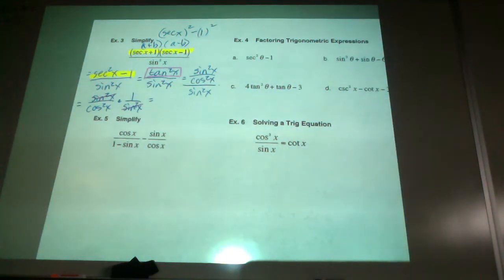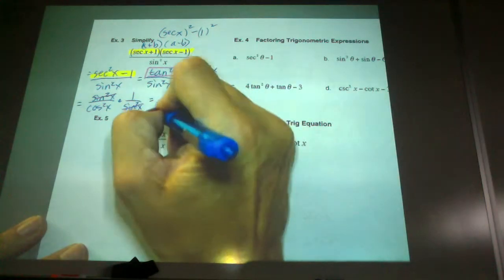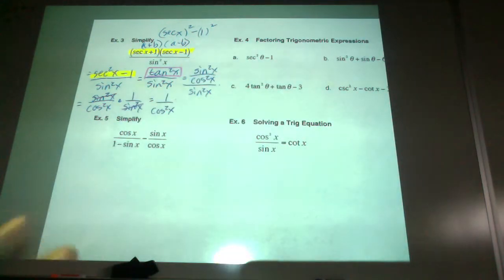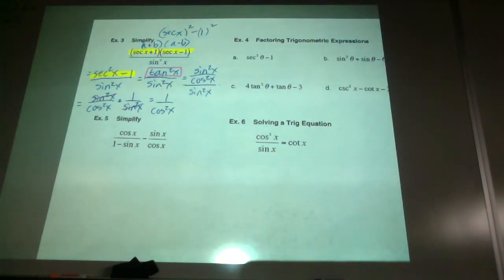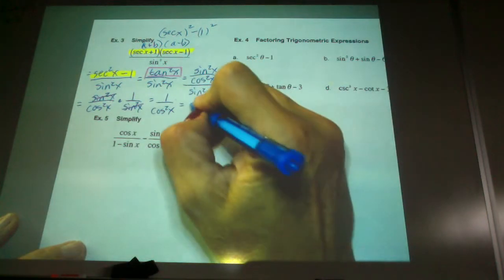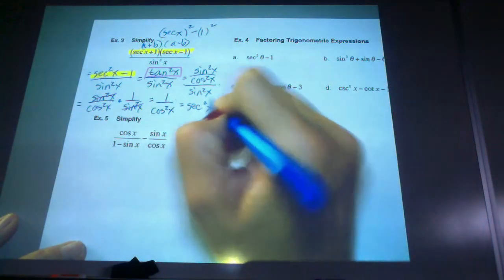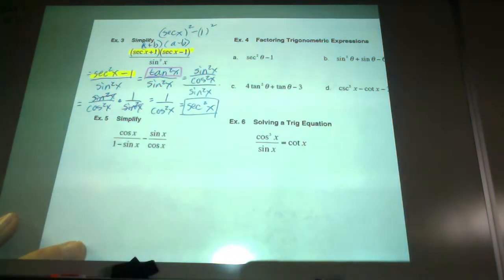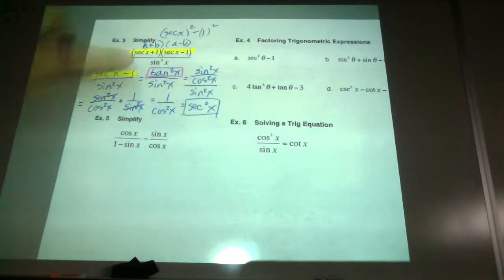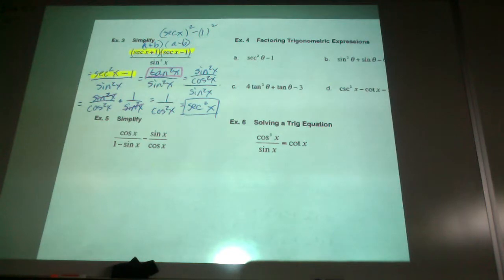I can cross cancel both of the sine squareds, and I'm left with 1 over cosine squared of x. Still not fully simplified. What's even simpler, it's a proper word, than this? Secant squared of x. Done. So this entire thing here simplified to just secant squared of x.